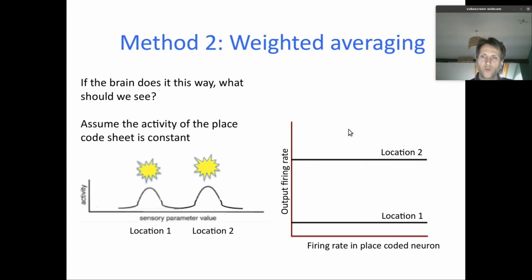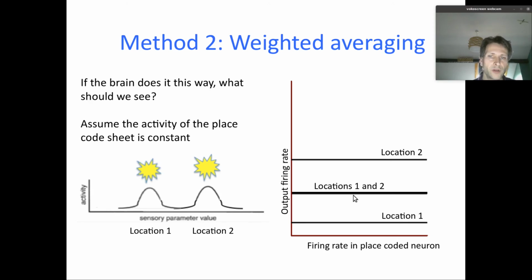If we have both stimuli at the same time, we get an average firing rate in between the two. And again, it's constant. It's immune to the change in the input stimuli luminance. So that looks pretty good.